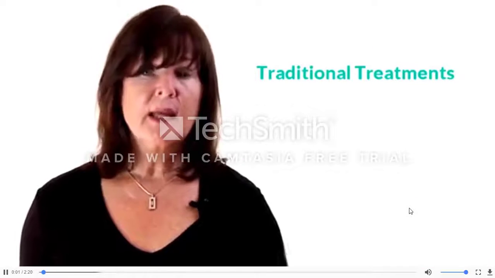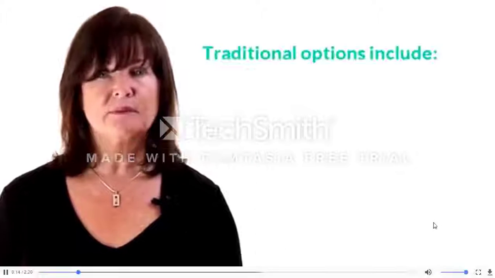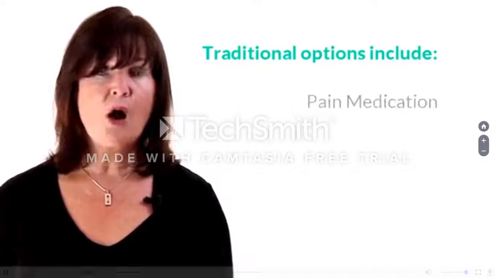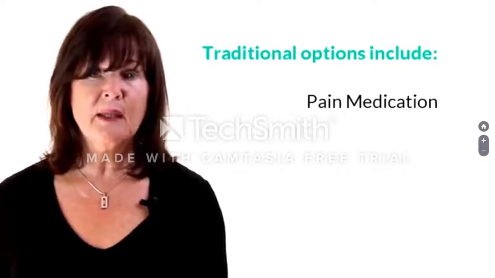Traditional treatments. Treating endometriosis is often an experimental endeavor, with doctors and patients having to cycle through several treatment choices before finding something that works. Traditional options include pain medication, often prescribed to treat the increasing levels of pain.